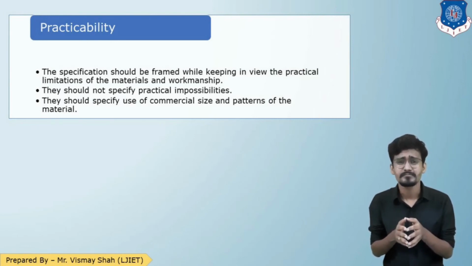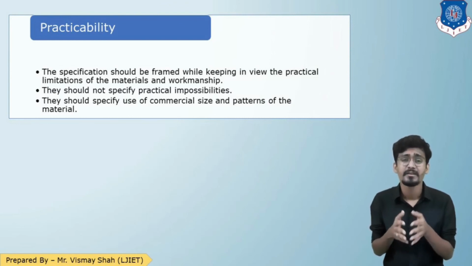Moving forward, the next is practicability. That means the specification should be written with the practical limitations of machineries and workmanship in mind. The specification should not specify practical impossibilities.